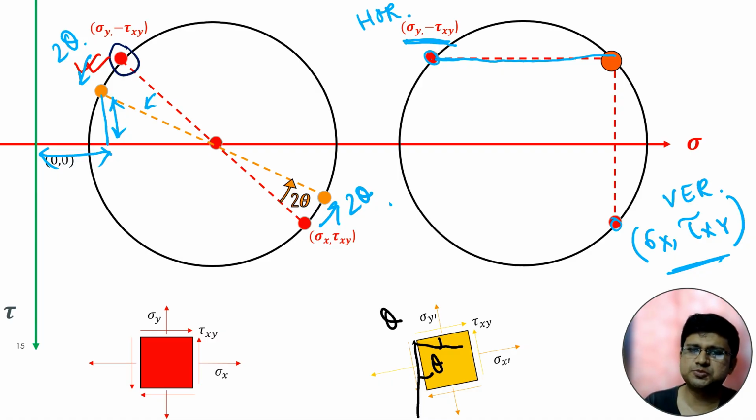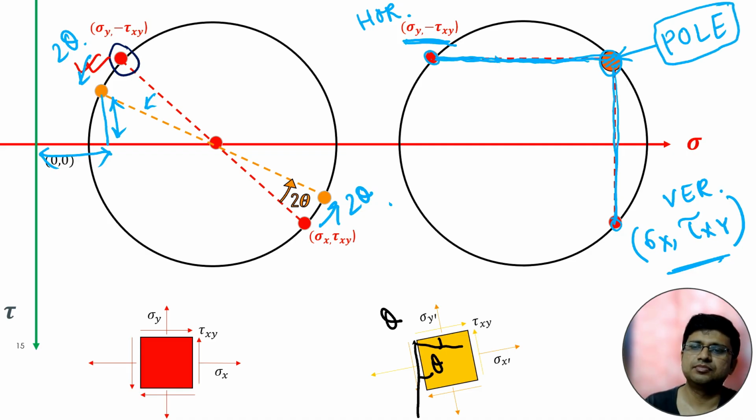This is the horizontal plane, so we draw one horizontal line. This is for the vertical plane, so we draw one vertical line. And these two lines cut the Mohr circle at this particular point, and this point is termed as the pole.